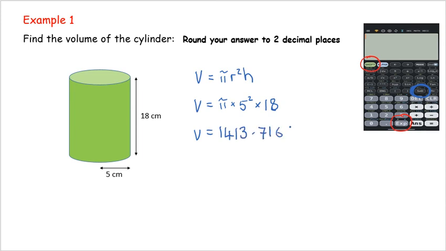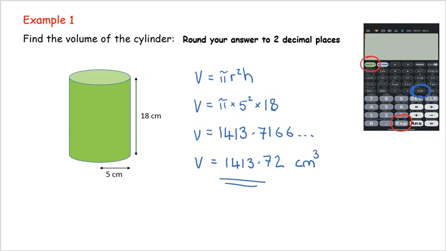So 6, and so on. It continues on forever. But we want to round our answer to 2 decimal places. So the volume is 1413.72, where the 1 rounds up to a 2. Making sure we put units in as well. So we're in volume, so this is cubic centimetres.